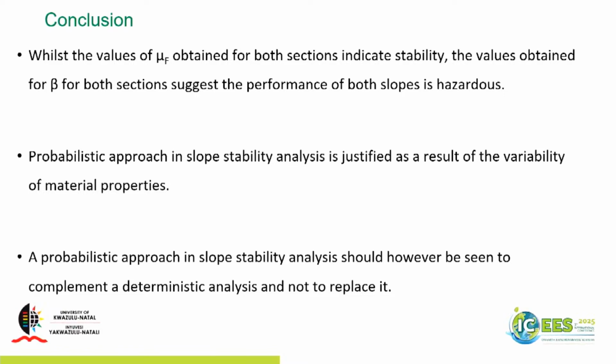We cannot just take one value and say that suits the entire slope. However, a probabilistic approach in slope stability should be seen to complement a deterministic analysis and not to replace it. So the probabilistic analysis and the deterministic analysis should go hand in hand.